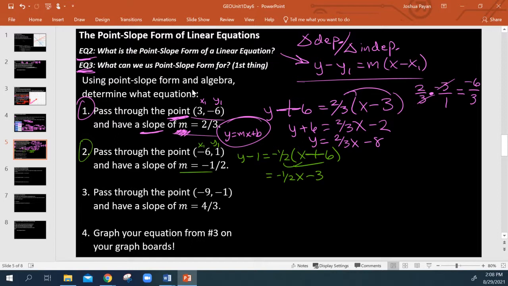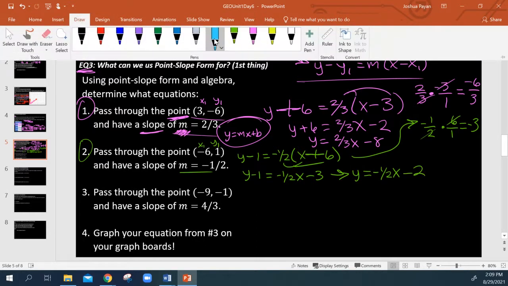Negative 1/2 times 6, so I'll come over here and write it. So negative 1/2 times 6 over 1. 6 over 2 is just going to be 3, and then we're doing negative times positive, so negative 3. Okay, so that's where I get the minus 3. And then we just add 1 to both sides, and we're left with y equals mx plus b.